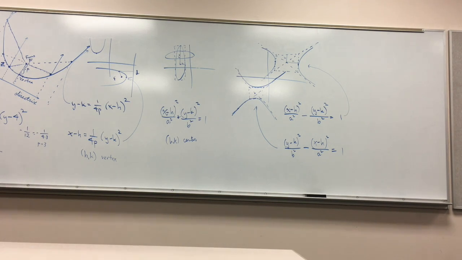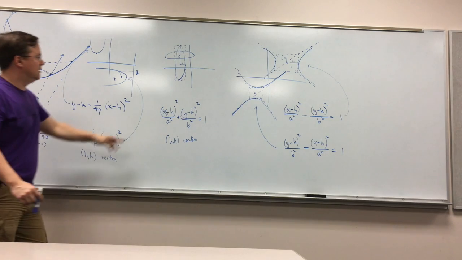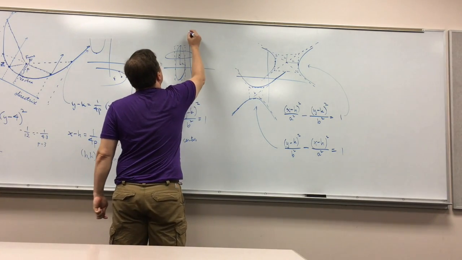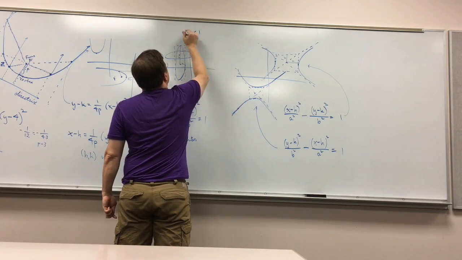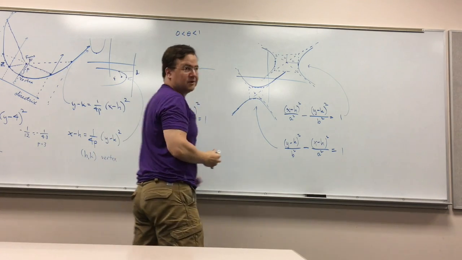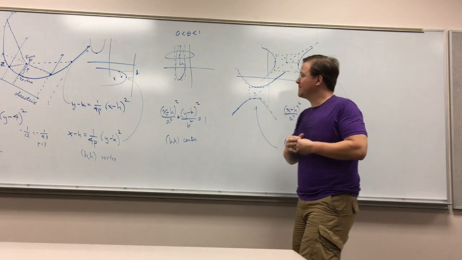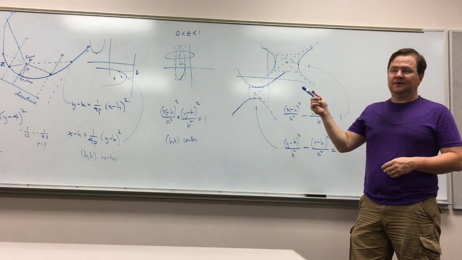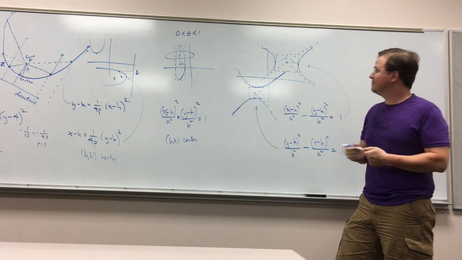Every parabola has the same eccentricity. All parabolas have an eccentricity of 1. But when the eccentricity is less than 1, you get an ellipse.